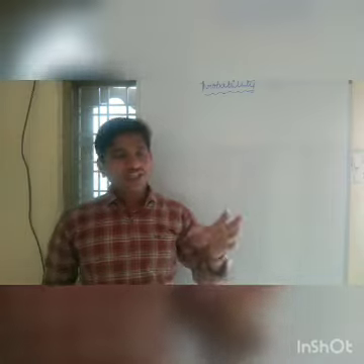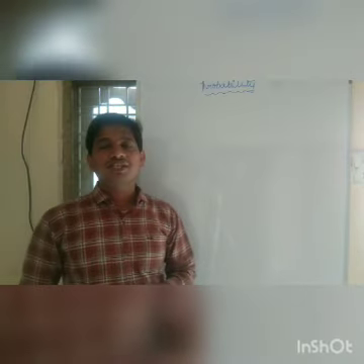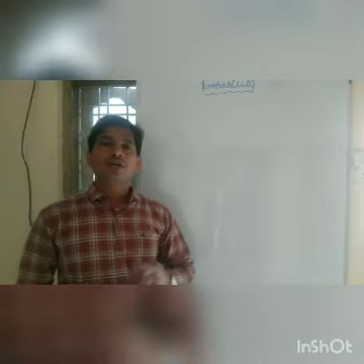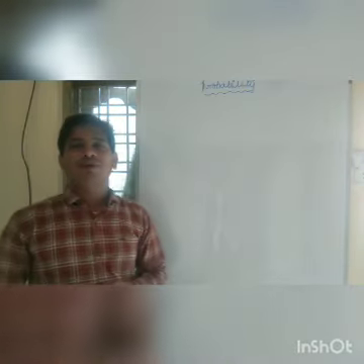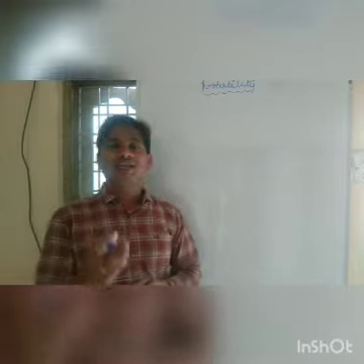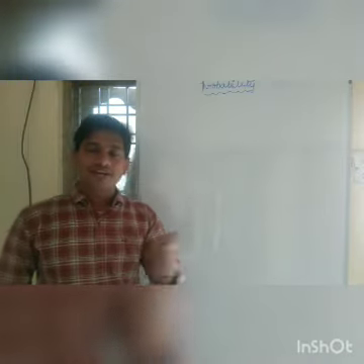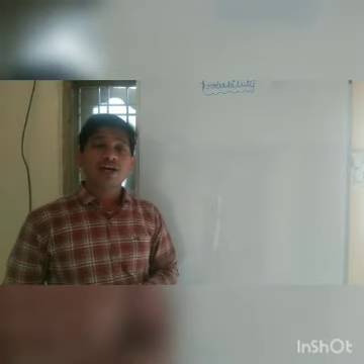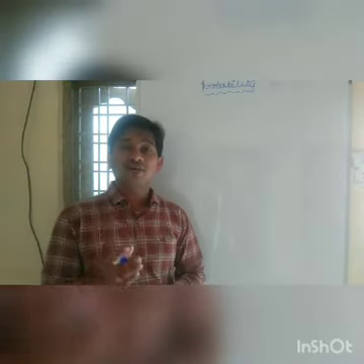Friends, if you toss a coin, what is the probability of getting a tail? Or if you roll a die, what is the chance of getting number 5? If you pull a pack of cards, what is the chance of getting heart?